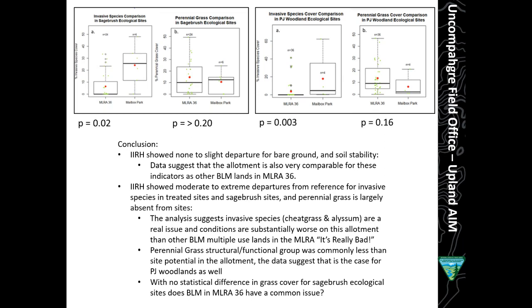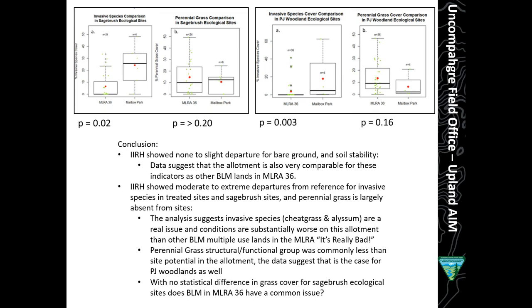Oddly, we found that there was no real difference in perennial grass cover in sagebrush sites from our area compared to the MLRA. And we did see significantly less perennial grass in pinyon juniper woodlands than other PJ sites in the MLRA. So it's another line of evidence to help us affirm what we're seeing with the IRH process.